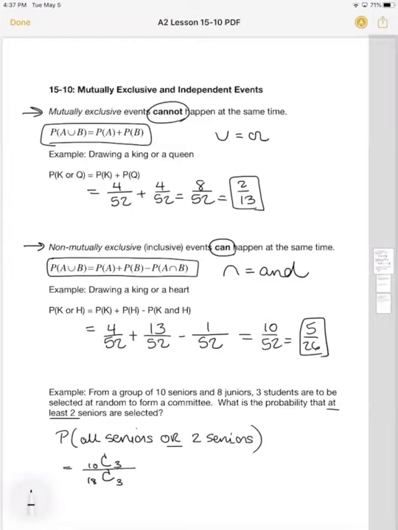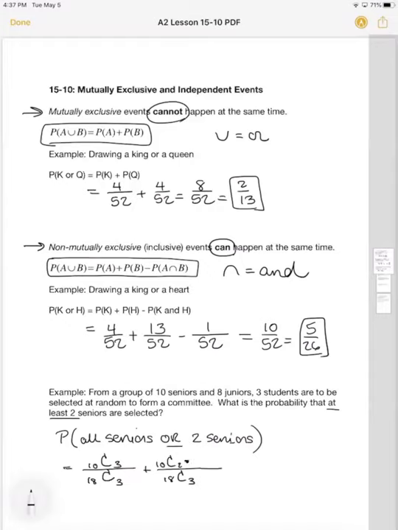Now, or means now I'm going to add the probability of the second event. And that is getting 2 seniors. So let's do still 18 choose 3 as my denominator. And then this time, out of 10 seniors, I'm only going to get a group of 2 of them.